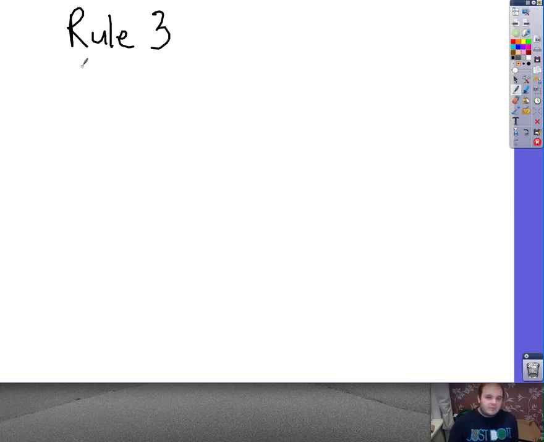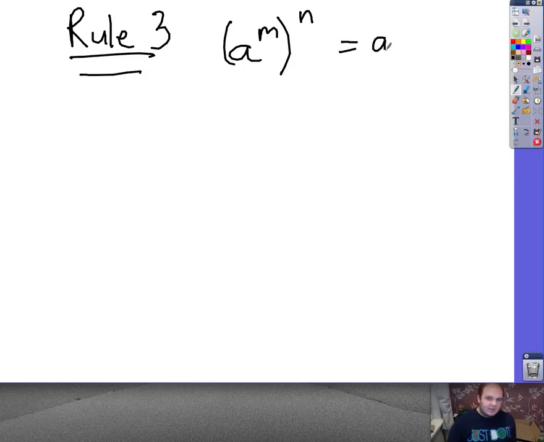Rule 3, use A again, A to the power M, if all that is raised to the power N, meaning how many times it's going to be times by itself, to get your answer you just do A and then M times N. Or if you wanted to write that in proper algebraic form, you don't write your times sign, so MN.